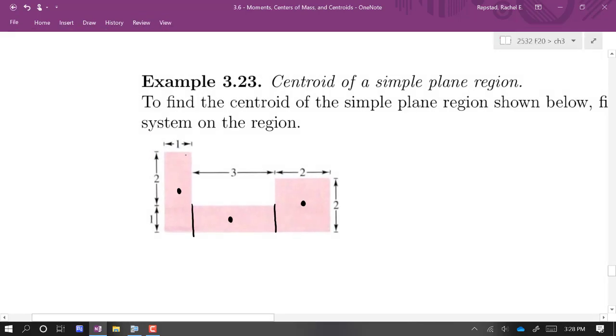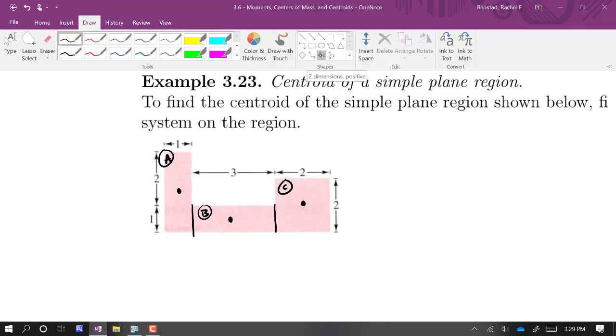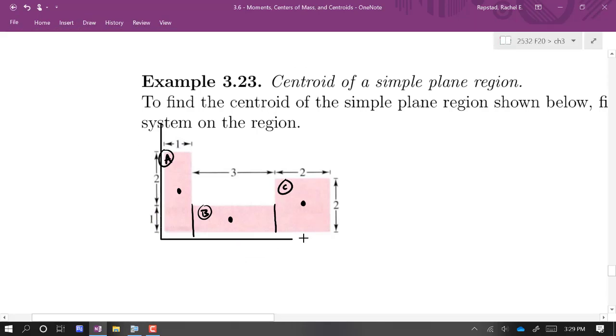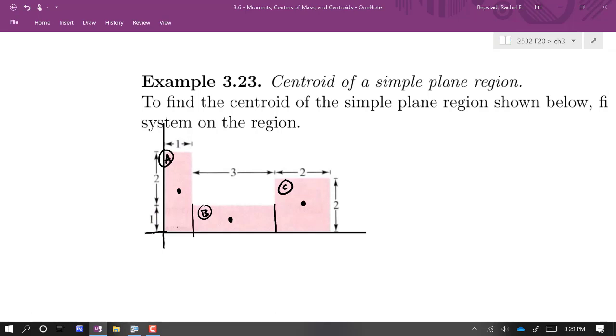I'm going to call this region A, this region B, and I'll call this region C. What we don't have right now are any axes, so I'm going to impose a set of coordinate axes and put the origin right at the corner there.